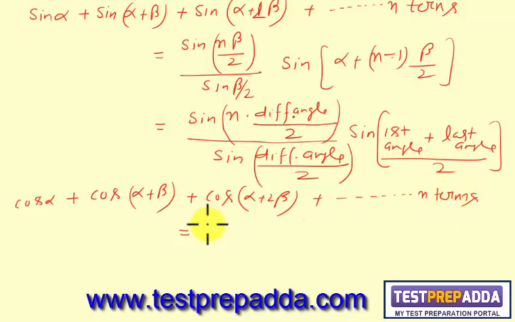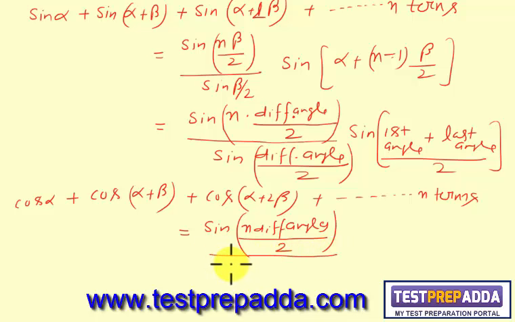The result will be here sine n into difference of angles upon 2 divided by sine again difference of angles by 2, and this time it will be cos of what?